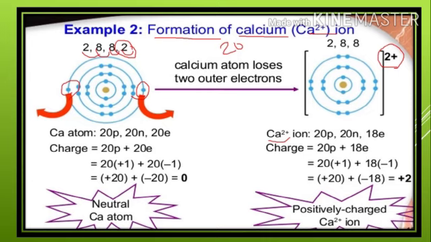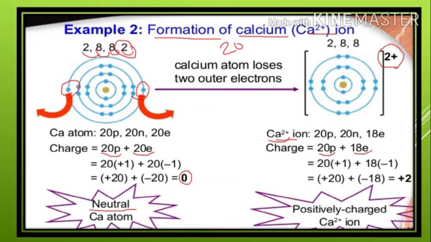positive charge. In case of calcium atom, the total number of protons is equal to the total number of electrons. So, it is electrically a neutral atom having no charge. But in case of calcium ion, the total number of protons is more than the total number of electrons, and it has two protons more than electrons.